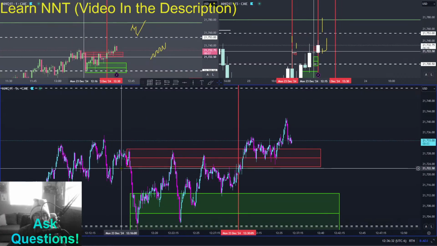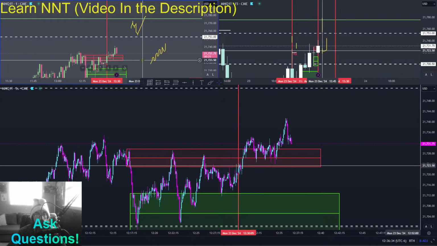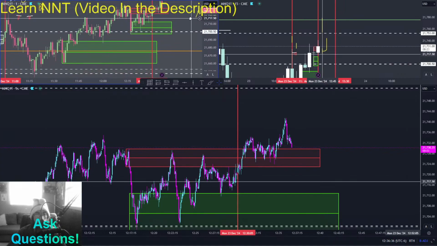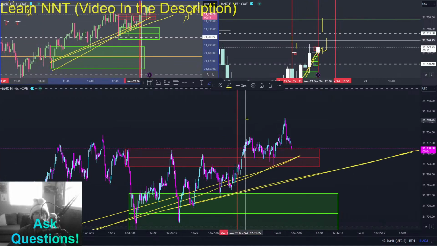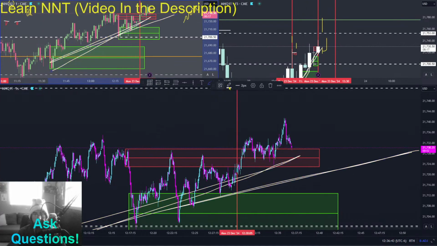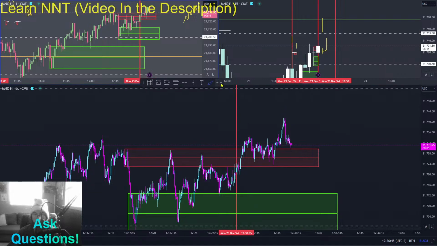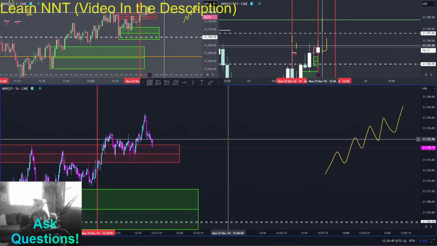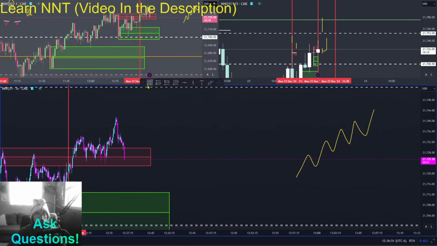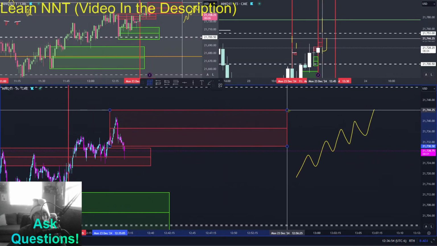I don't see nothing. We're just getting a lot of bullish price action. Yeah, you can see it on the 1 minute, like this. Make it white. Okay. Come on, buddy. There's something right here.